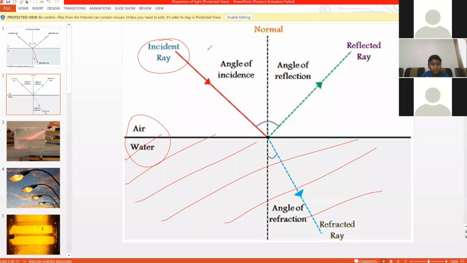When the light ray travels from one medium to the other, there is a slight bend in the light ray. The bending of light when traveling from one medium to another is called refraction. Is it clear, children?